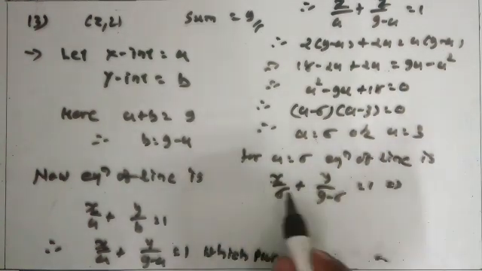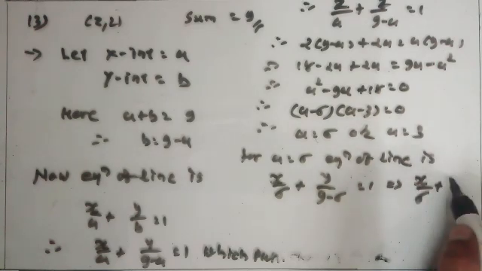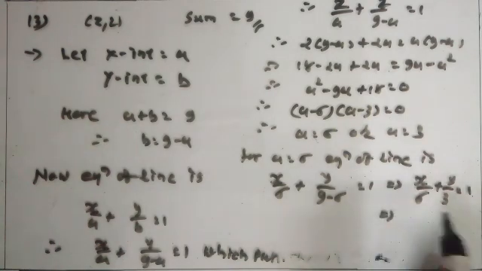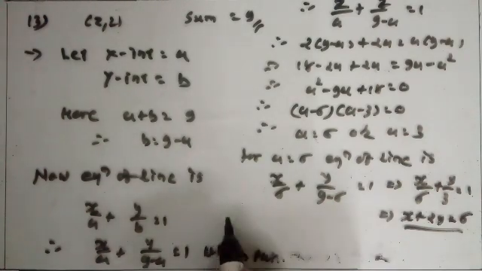This implies x upon 6 plus y upon 3 is equal to 1. Taking LCM 6, we get x plus 2y is equal to 6. This becomes one equation of the required line.